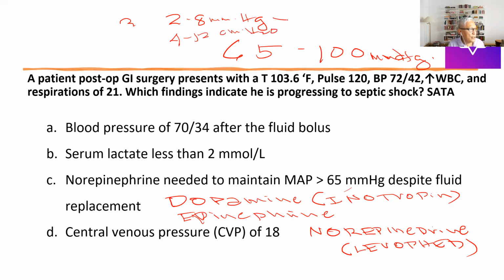So please make sure that when a CVP value is going to be given, you need to determine, is it millimeters of mercury or is it centimeters of water? All right. So the normal CVP again is going to be 2 to 8 millimeters of mercury, and it is going to be 4 to 12 centimeters of water.